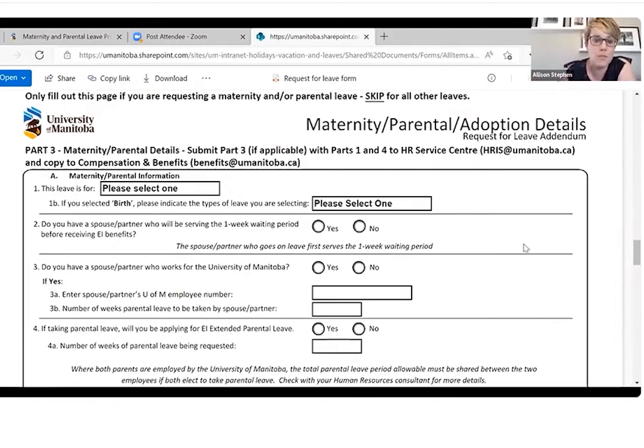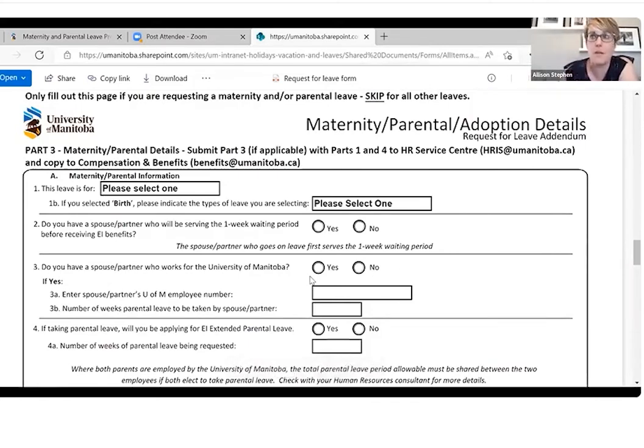So if you are the person not giving birth, you're the other parent, and the woman giving birth, your partner, has served the waiting period, you cannot. Only one person can serve the waiting period. So usually it's the person giving birth.